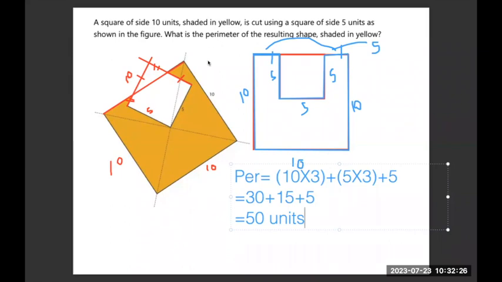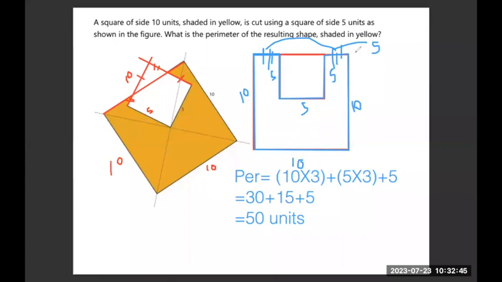In this kind of area or perimeter question, especially the shaded portion type, why did we add 5? Because we don't know what this last edge is.